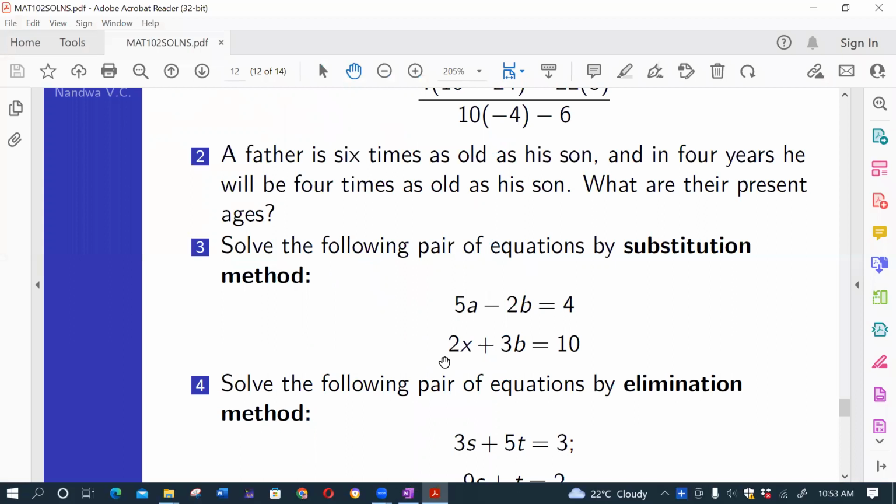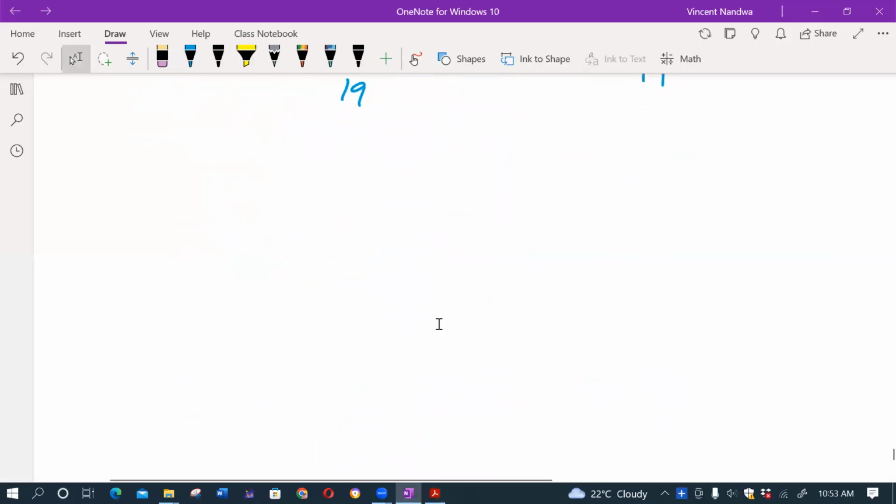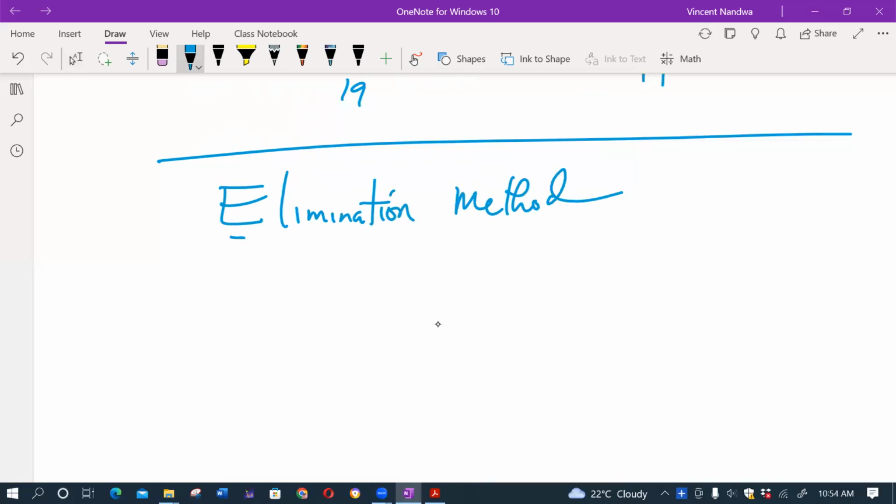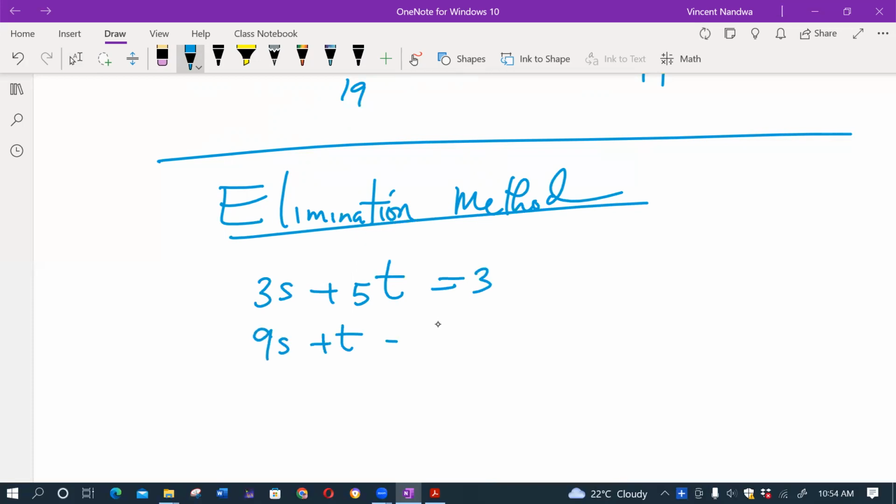Then lastly, to use the elimination method to solve. So we are solving 3s plus 5t equals 3, 9s plus t equals 2.